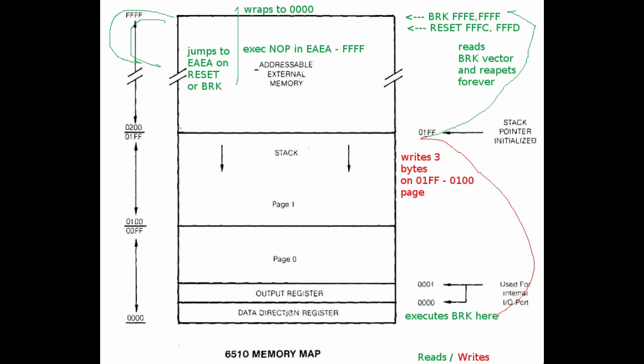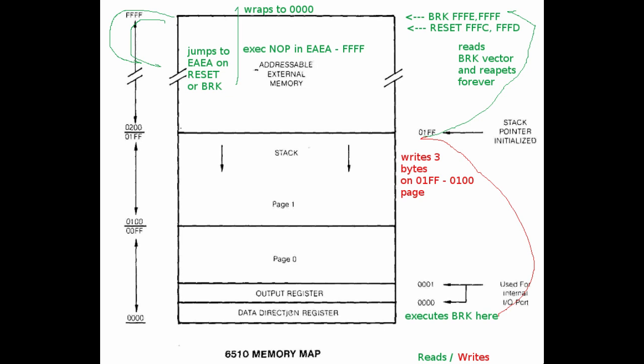Then the address counter wraps to 0000, and we have seen that it reads the data direction register there, which is initialized to 00 at reset, and so the 6510 executes the BRK break instruction.